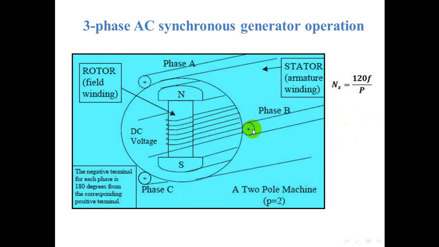The current flows in one direction for the first half cycle and in the other direction for the second half cycle, and the phases are displaced by 120 degrees. Hence the output power is called the synchronous generator's power.